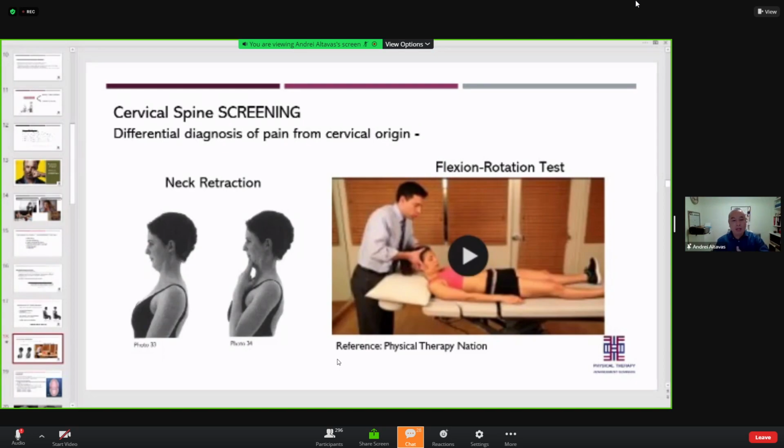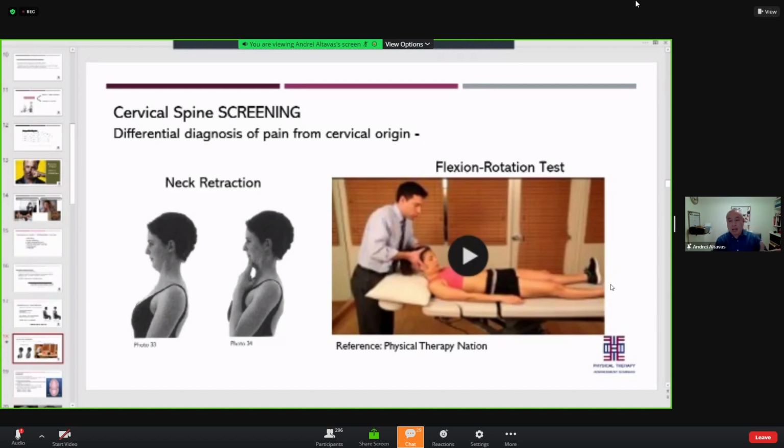Now, if you do about 20 of those, for those who actually had pain earlier when they were opening their mouth, do 20 neck retractions and then open your mouth. You can type on the chat board and just tell me what you find. Is it same, better, or worse?